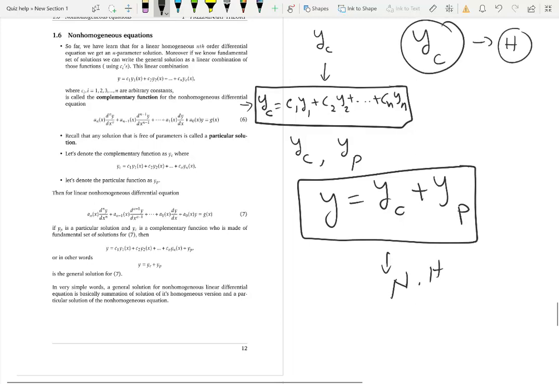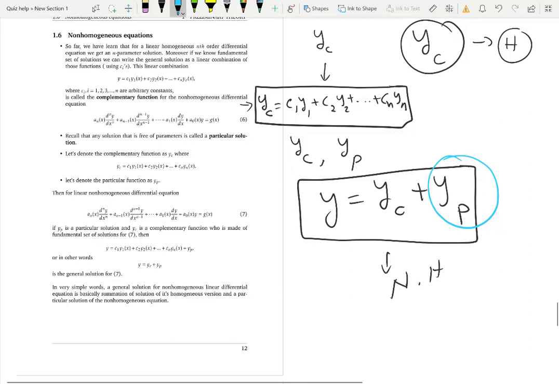Now that is why I said when you solve a non-homogeneous differential equation, anyway you solve a homogeneous differential equation. You have to do that in the process. So this yp is the additional part, the additional work that you're going to do when you solve a non-homogeneous differential equation.